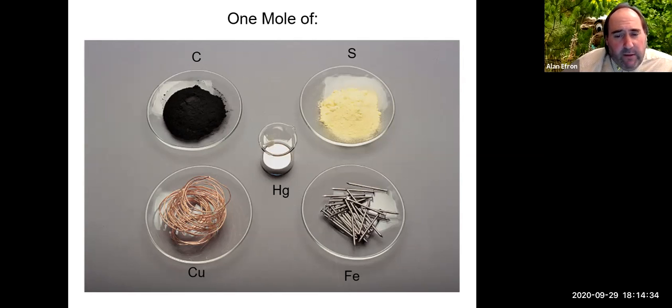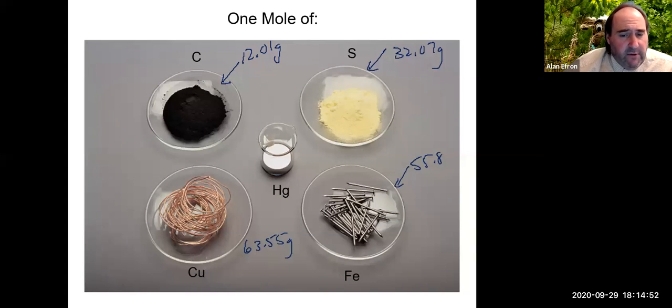So if I had 1 mole of sulfur, that represents about 32.07 grams. 1 mole of carbon represents about 12.01 grams, while 1 mole of copper is 63.55 grams, and iron would be 55.85 grams. So although we may be looking at 1 mole of each of these substances, 1 mole does represent a different amount in terms of grams when you look at different substances.